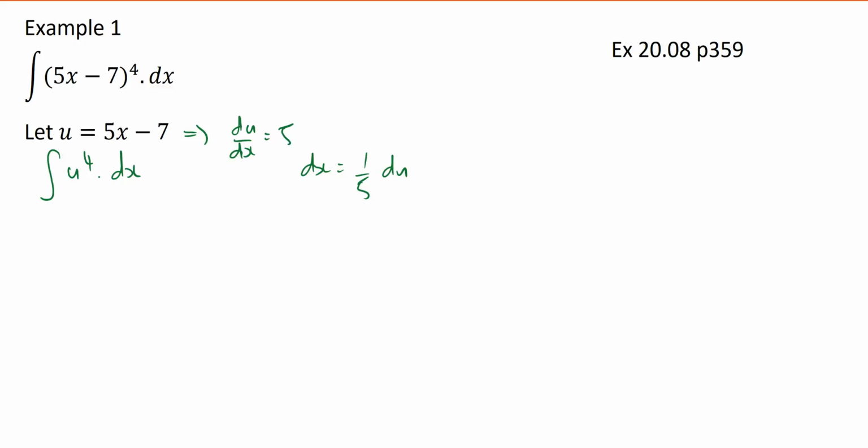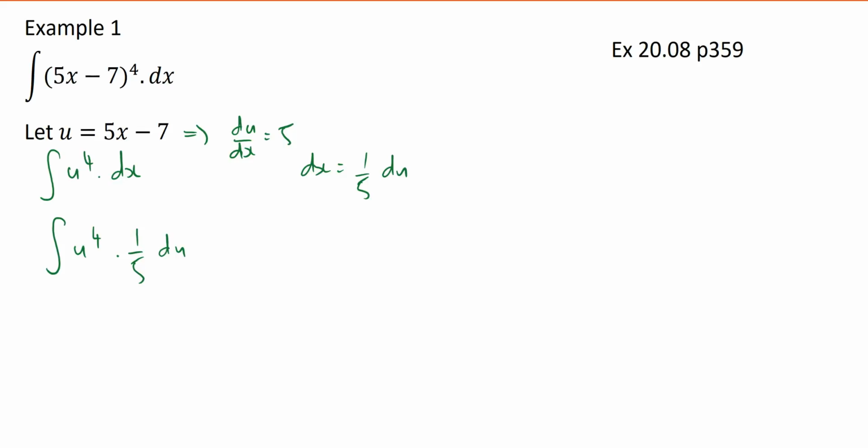So what I do now is substitute this dx in for this dx here. Now I'm going to integrate u to the power of 4 with respect to a fifth of du. Why? Because that's what dx equals.